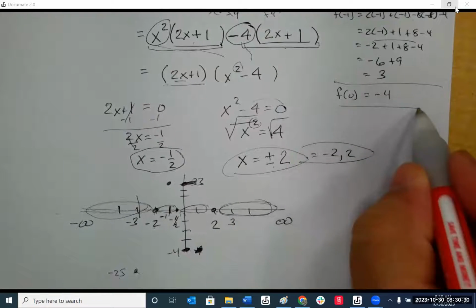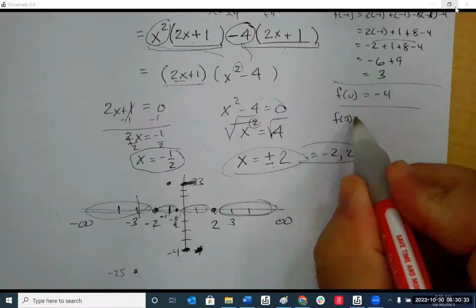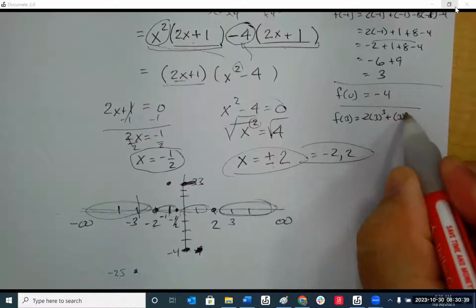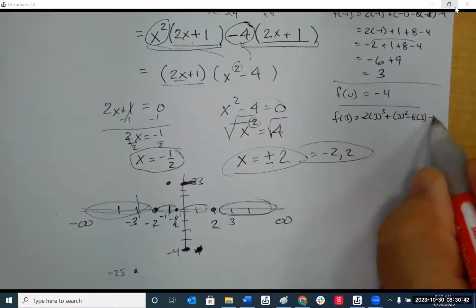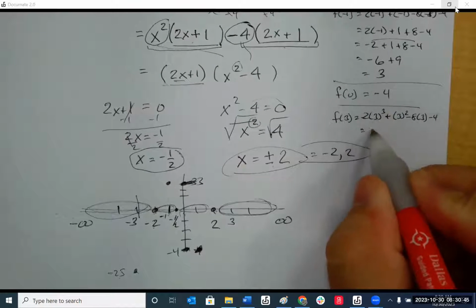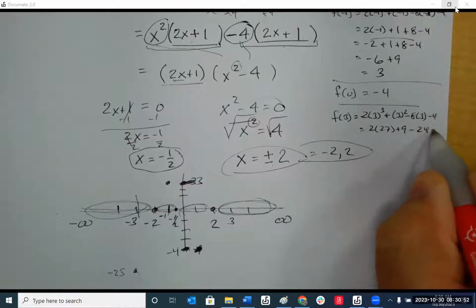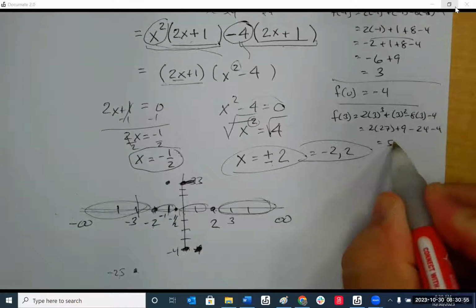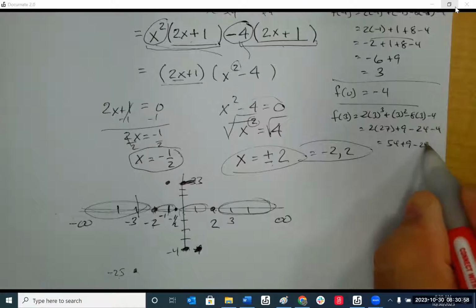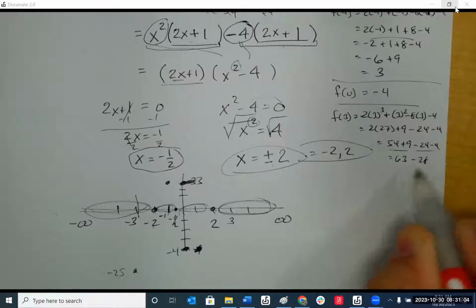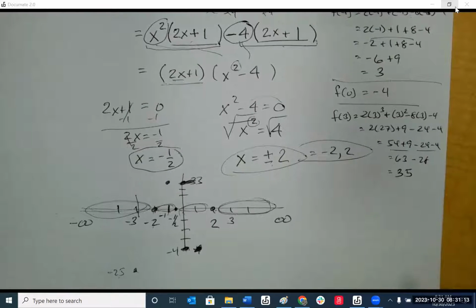And at 3, two times 3 cubed plus 3 squared minus 8 times 3 minus 4. 27 times 2 is 54 plus 9, 63 minus 28, +35.